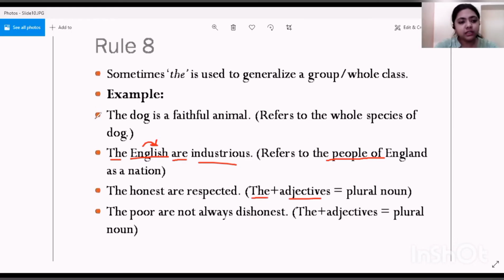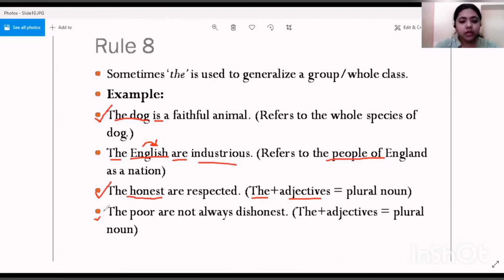While in the first example we use is only because now this has become one class. Okay, the dog has become one class, so it is playing the role of a singular noun, right? Again, in the third example, the honest are respected. So the honest means all those people who are honest are respected. So we're not talking about only one person, we are talking about all those who are honest.